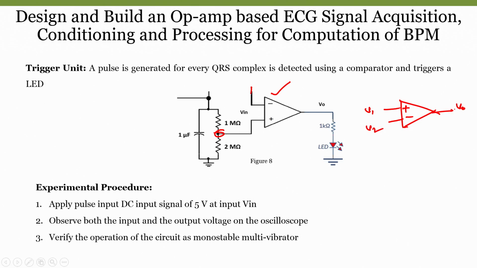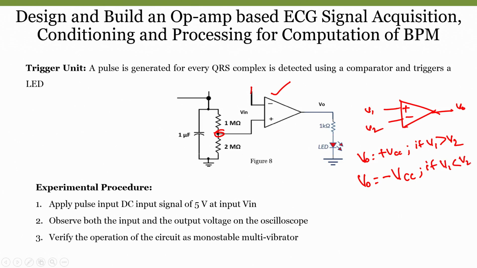V0 will be equal to plus VCC if V1 is greater than V2, and V0 will be equal to minus VCC if V1 is less than V2.